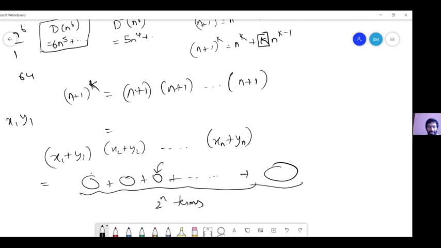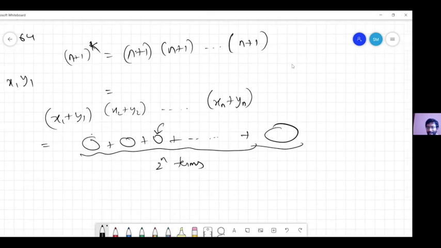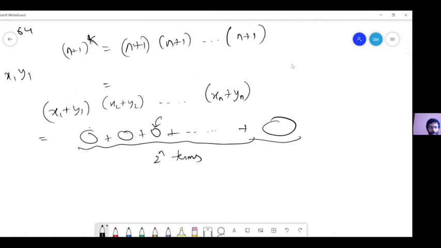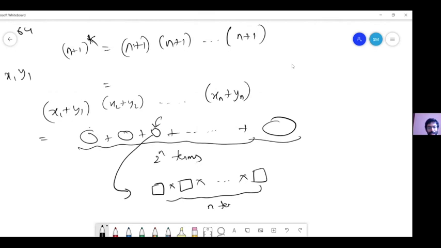So there are 2 power n terms as you said, fine. And each term will have how many factors? N. Oh, okay, fine. So each term is composed of the product of n variables. So each term, if you take it out, is something into something into something, n factors.